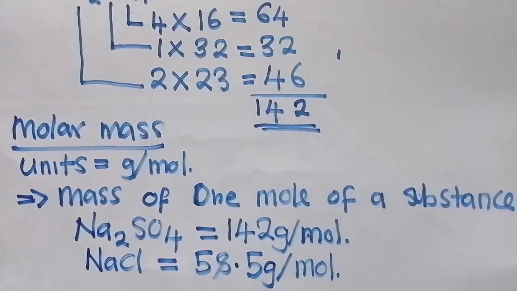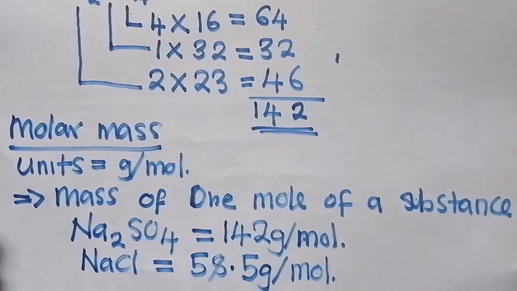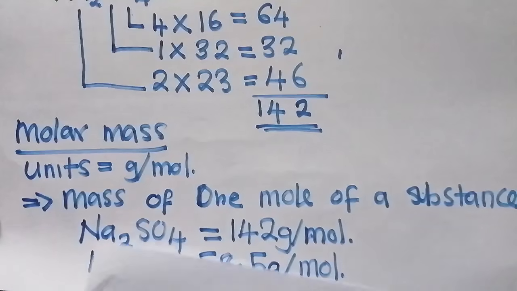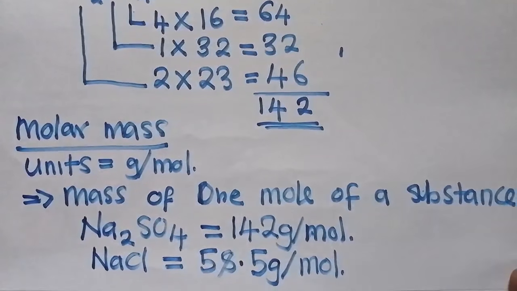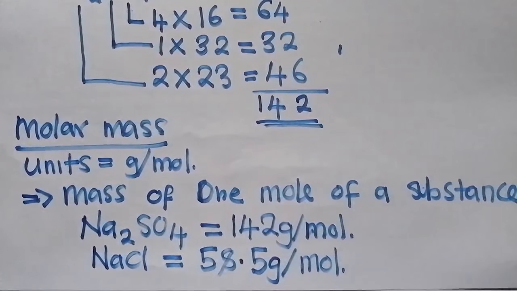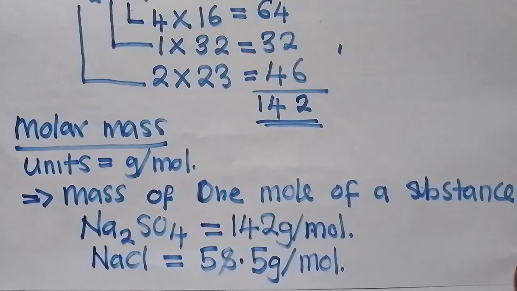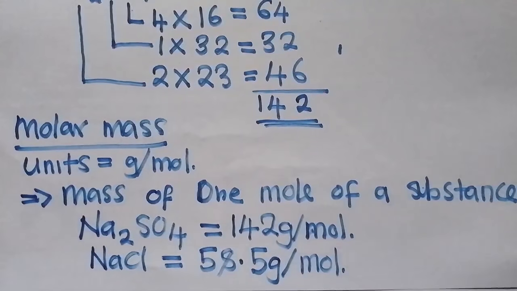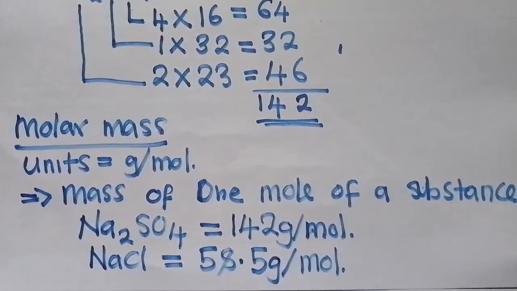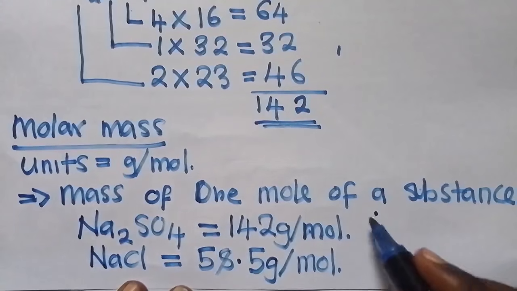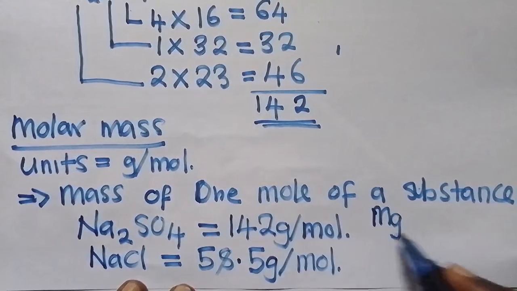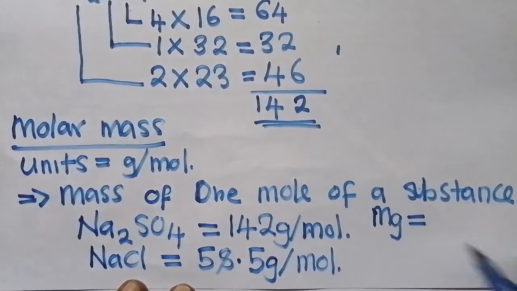So this is now the interesting part that we've been waiting for. People were saying we should do a teaching under the mole concept. Before we talk about the mole concept, these are terms that you need to know and understand. When you're talking about a single element like magnesium, you know that the relative atomic mass for magnesium is 24.